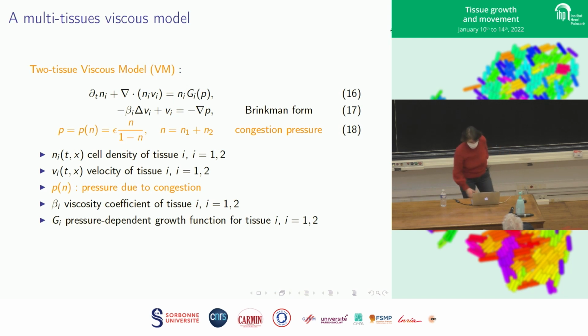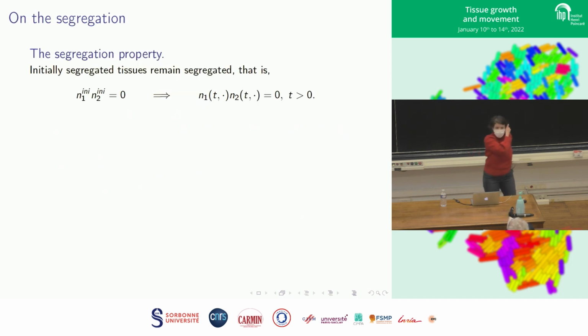So this model, I will call it the VM, the two-tissue viscous model, because I have two tissues and I take into account the viscosity. And in this case, what's interesting is that I have the segregation property for this type of model.